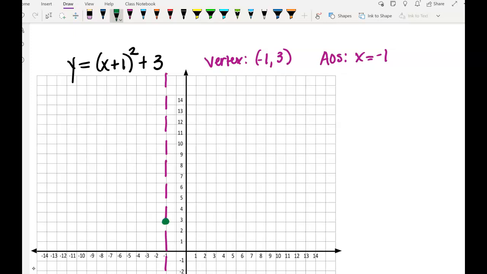And now, is this going to be an absolute minimum or an absolute maximum? Well, I guess here's the first question. Is this going to open upward or open downward? Upward. It's a positive. There's nothing in front of that parentheses. There's no negative sign. So this one opens upward.